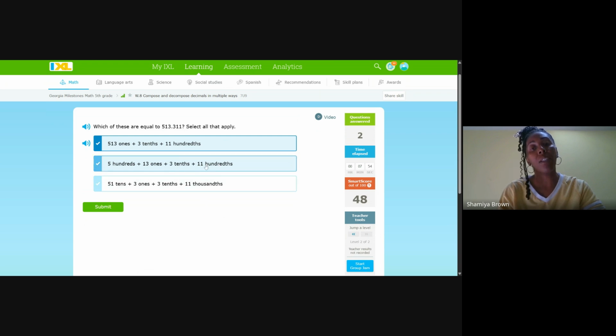Okay, so this one says 11 hundredths. This one says 11 thousandths, which is making me second guess myself again. Because this is 11 thousandths.